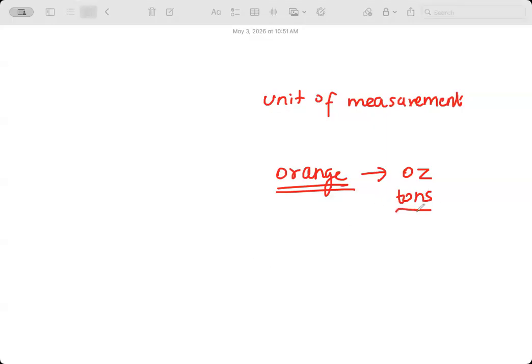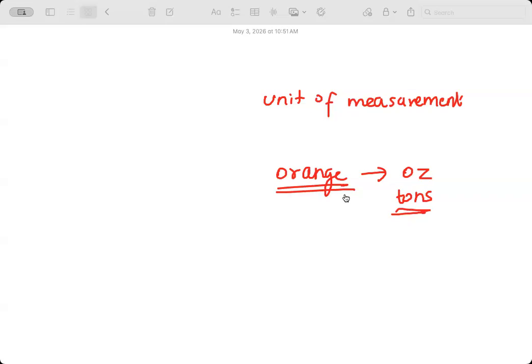Ounces. You know what a ton is? A ton is something you would use to measure a car. See, if everybody talks at the same time, I have no way of understanding what's going on. What is a ton? I really want to know the answer clearly so that everybody understands.